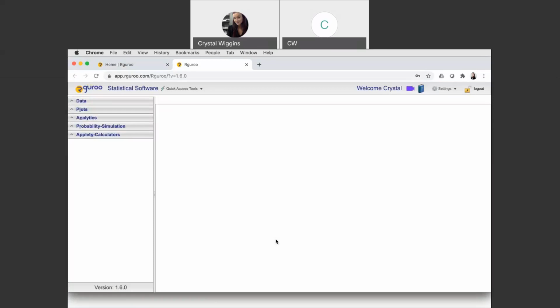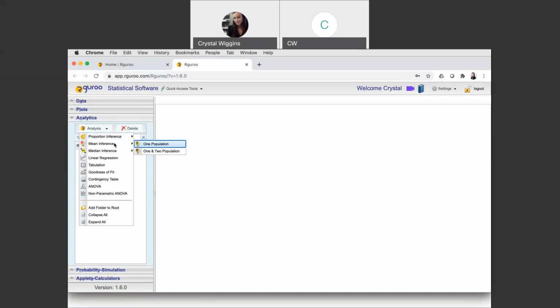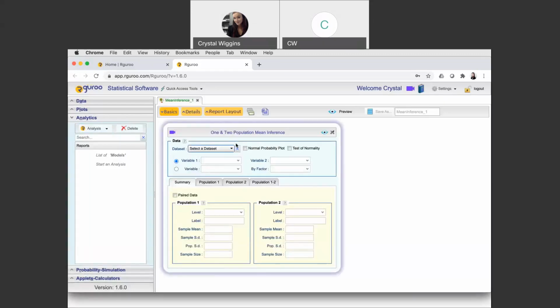Okay, so we want to run a hypothesis test with two means. Actually, sorry, we're going to run a 95% confidence interval. So we're going to come over here to analytics and go to analysis, and we're going to select mean inference, but this time for 1 and 2 population. We don't have a data set, so we're going to leave that blank.